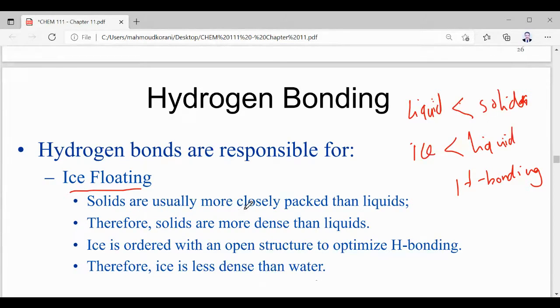In general, solids are usually more closely packed than liquids, so they have higher density; therefore solids are more dense than liquids. Ice has the opposite behavior.